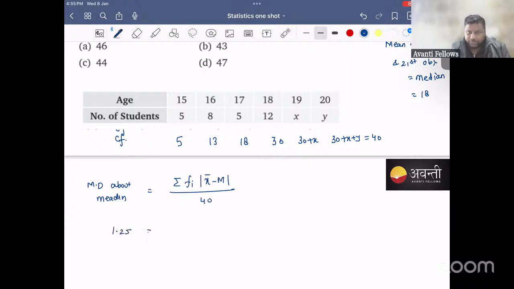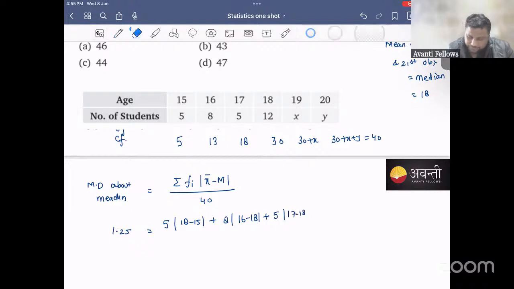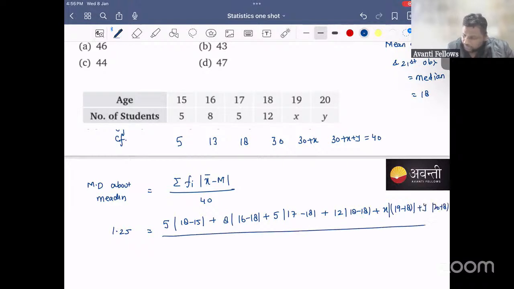So 1.25 is given to you as: frequency 5, this is mod of 18 minus 15; frequency 8, this is mod of 16 minus 18; frequency 5, this is mod of 17 minus 18; frequency 12, this is mod of 18 minus 18; frequency x, this is mod of 19 minus 18; and frequency y, this is mod of 20 minus 18, whole divided by 40.